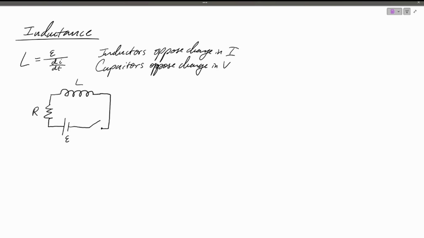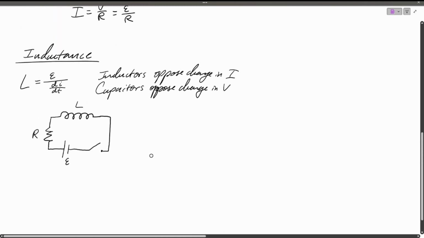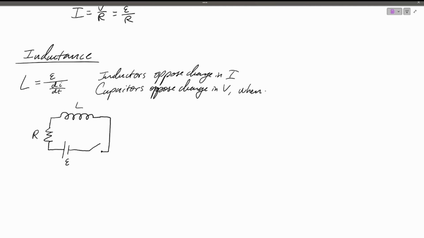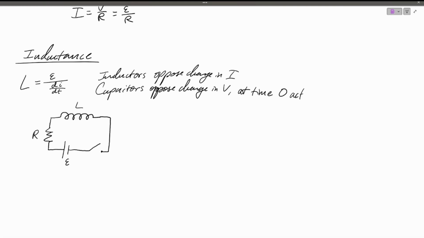So if you remember with capacitors, at time 0, a capacitor acts like a closed circuit, and at time infinity, it acts like an open circuit.